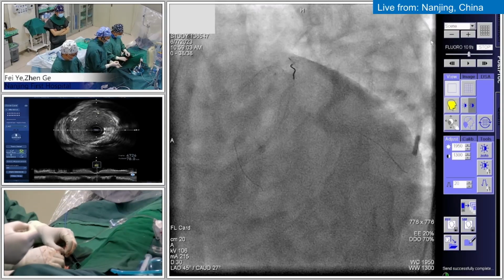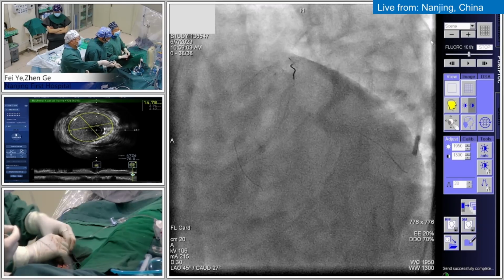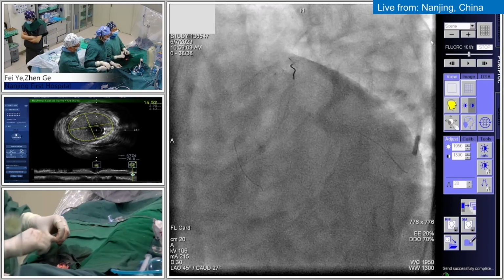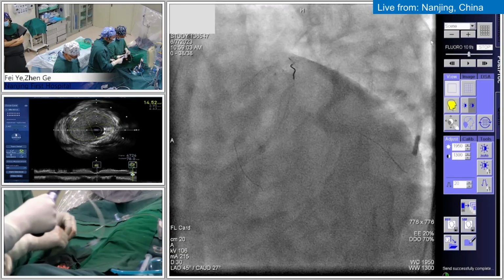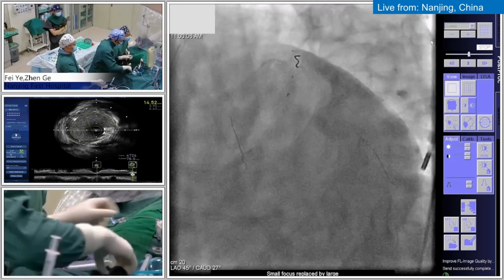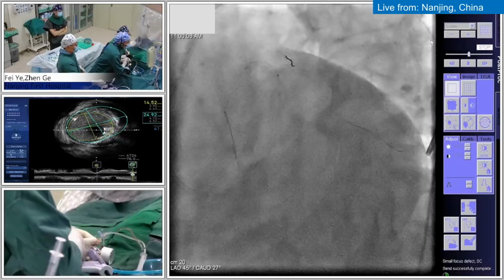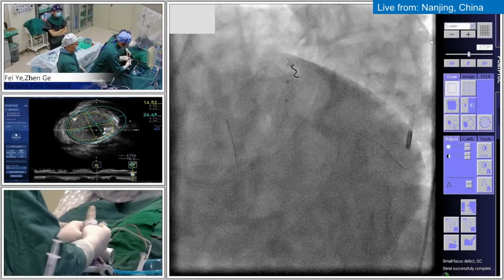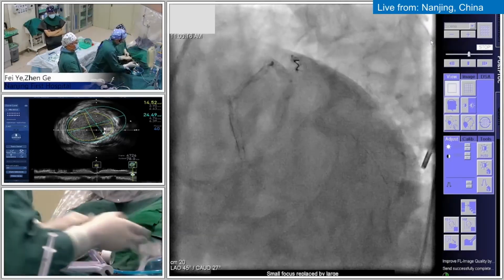We can measure the lumen area. 14. So the expansion was about 60%. I mean this is the proximal left main. Shall I use the 4.0? This is the proximal. Yes. Okay. Thank you very much.